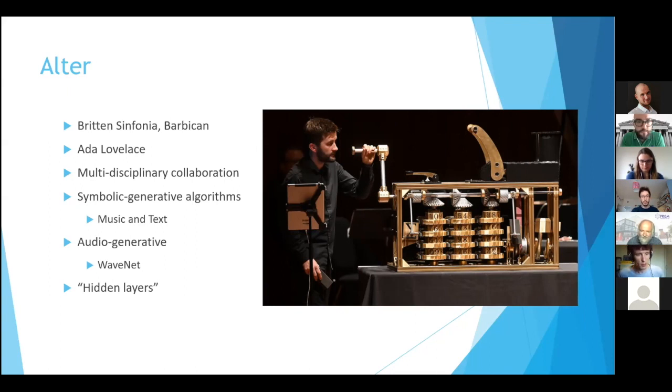I used symbolic generative algorithms for both some of the music in the piece and also to generate the text that the singer sang. I did that in collaboration with David Deruer, who's here as part of his Turing fellowship, and we developed these text generating algorithms together.